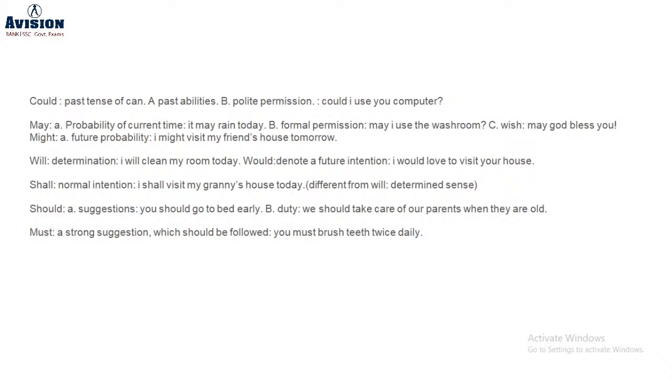Now, regarding shall, let us keep in mind that shall is also used for intentions, but a normal intention. I shall visit my granny's house today. And I just want to clarify what difference it makes if you use I will instead of I shall, because both are grammatically correct, and there are high chances that people get confused.